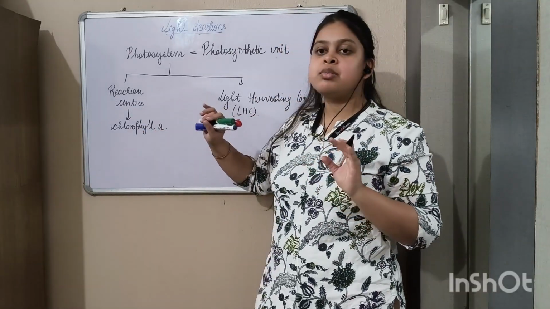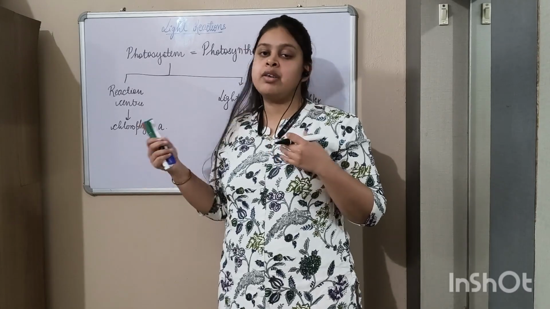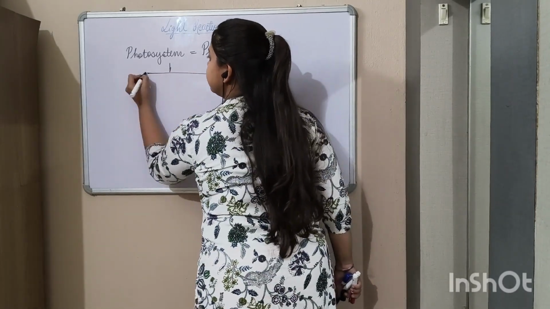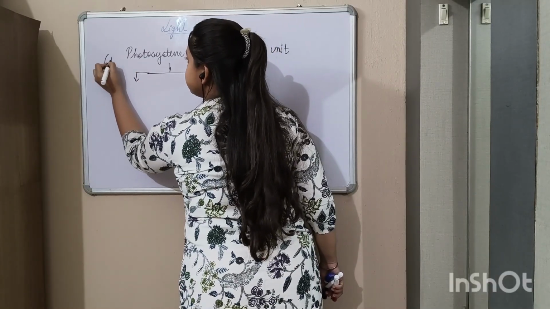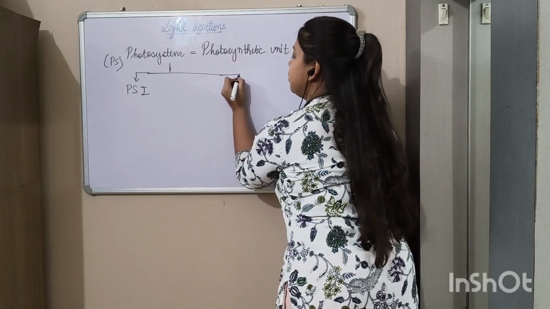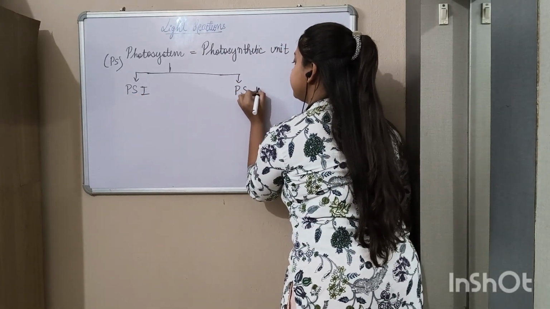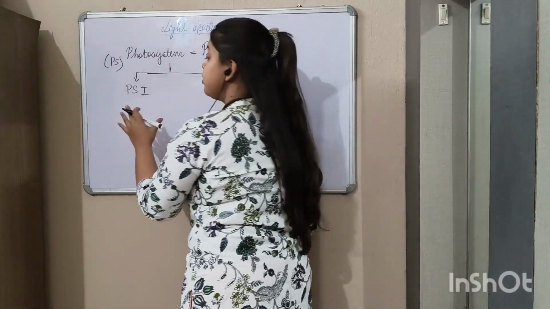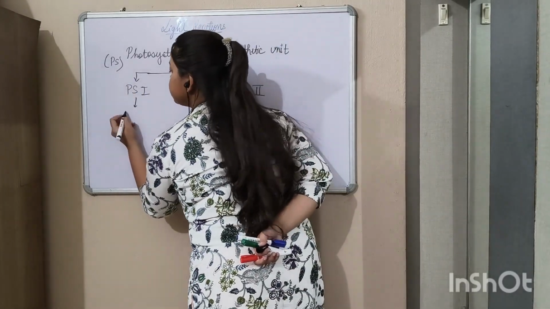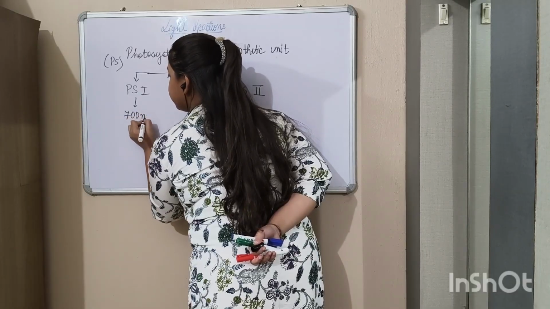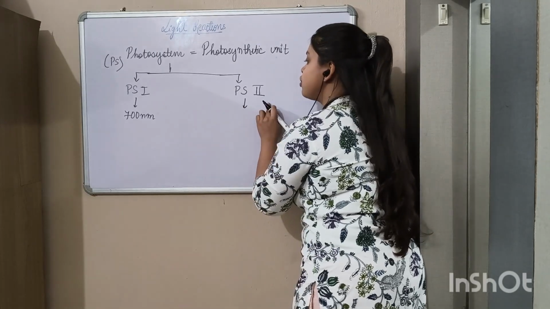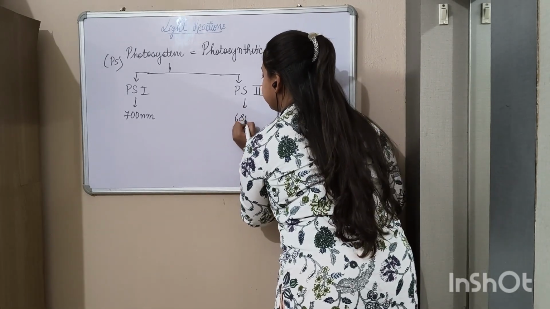Now, the photosystem is basically of two types, photosystem 1 and photosystem 2. I am writing it in short, photosystem is PS, so PS1 and PS2. If you see the difference between the two, the absorption maxima of photosystem 1 is 700 nanometer and the absorption maxima of photosystem 2 is 680 nanometer.